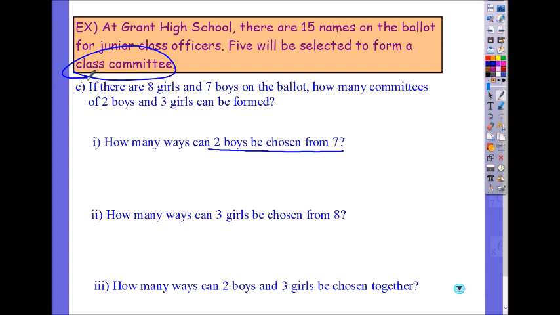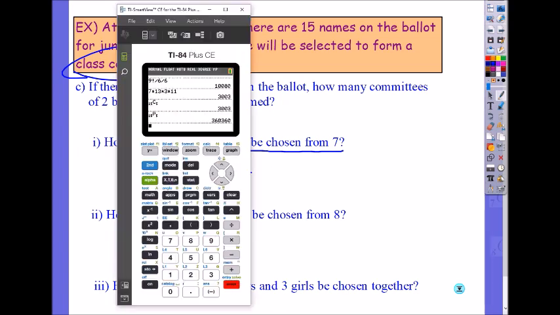So how many can be chosen from 7 to 2? You're choosing 2 from 7. Order doesn't matter, so it's combination. So what do you get? Just plug into the calculator. So 7, math, probability, choosing 2. Wait.